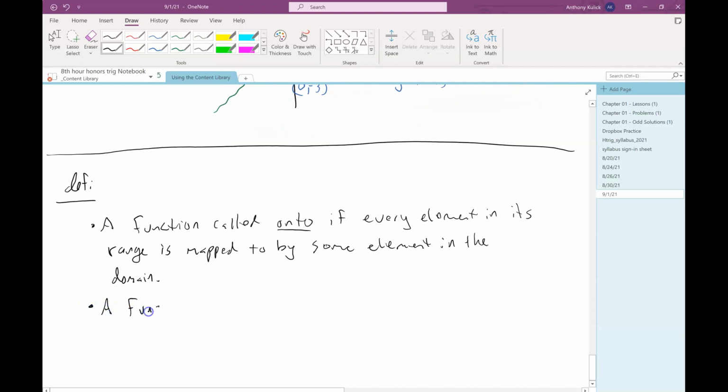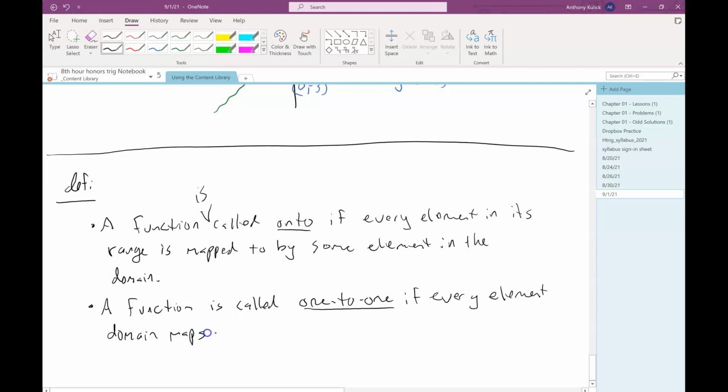We say that a function is called one-to-one if every element in the domain maps uniquely to a distinct element in the range.